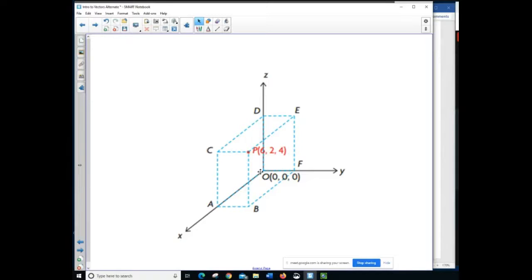So there's some bad news and some good news. The bad news is that this is not the easiest thing to draw. The good news is that I'm pretty sure we can figure out ways to work in 3D that are not going to require you to have to draw things out particularly precisely. Okay.